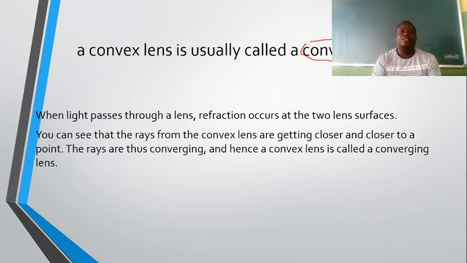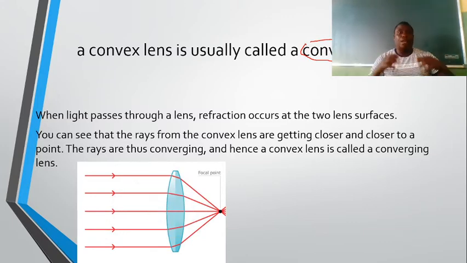You can see that the rays from a convex lens, in this shape, are getting closer and closer to a point. When they pass through, those are parallel beams, parallel rays, you see. When they pass through this lens, they start to become closer and closer to a point.